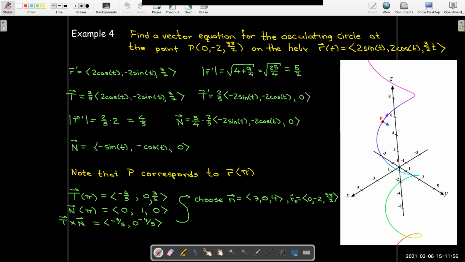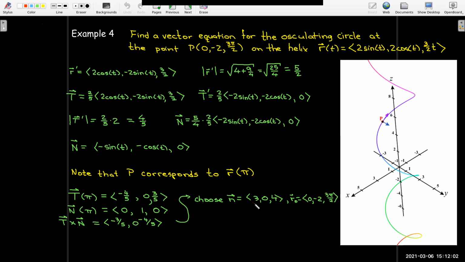That just came from this position vector up there. And so if I just dot 3, 0, 4 with x, y, z, I get 3x plus 4z. And if I dot 3, 0, 4 with my initial vector, I get 6 pi. So there's my equation of the osculating plane.